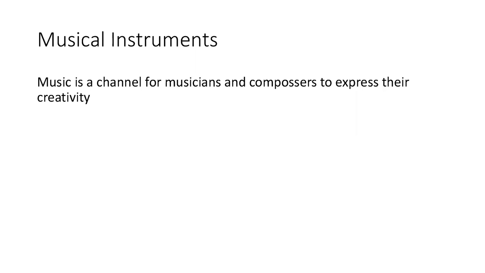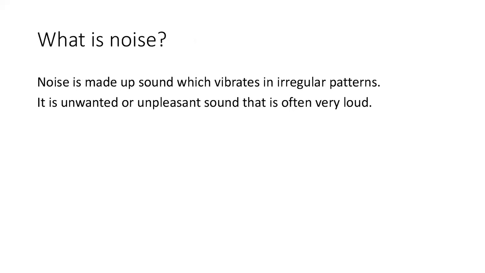They can express what they want to show. Music is a kind of natural language. Many people cannot understand each other's language, but music is a communication between them. They can hear the music, whether it is pleasant or unpleasant, and it will make them happy.